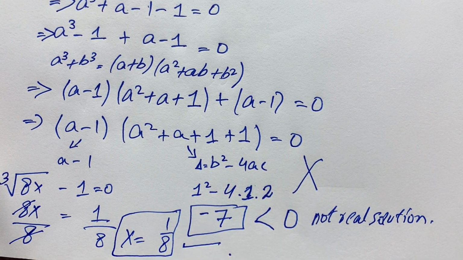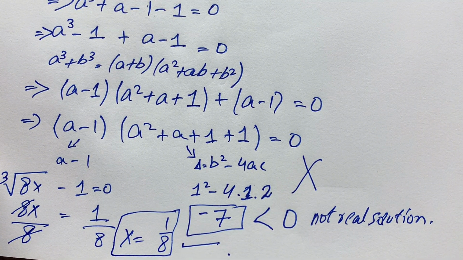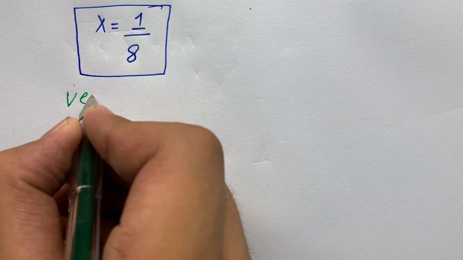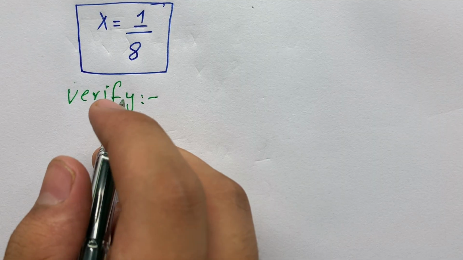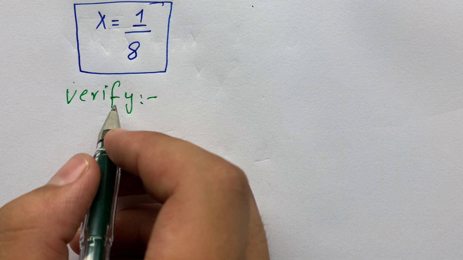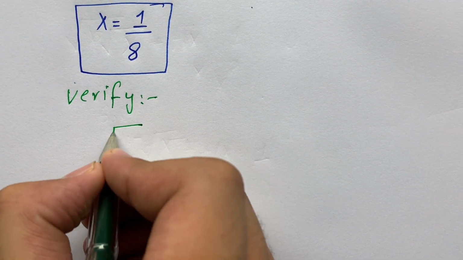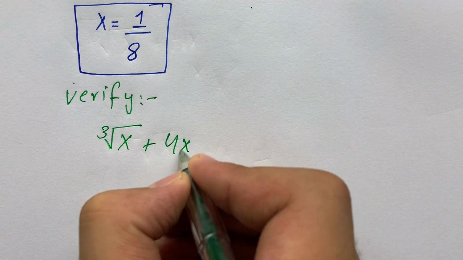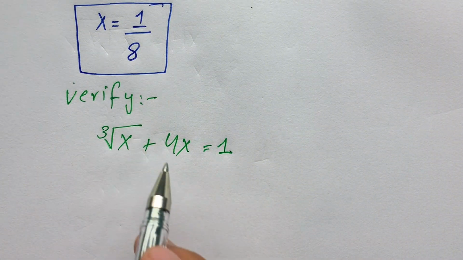Now we verify this. Our question is under root of x × 3 plus 4x is equal to 1, and our x is 1 divided by 8.